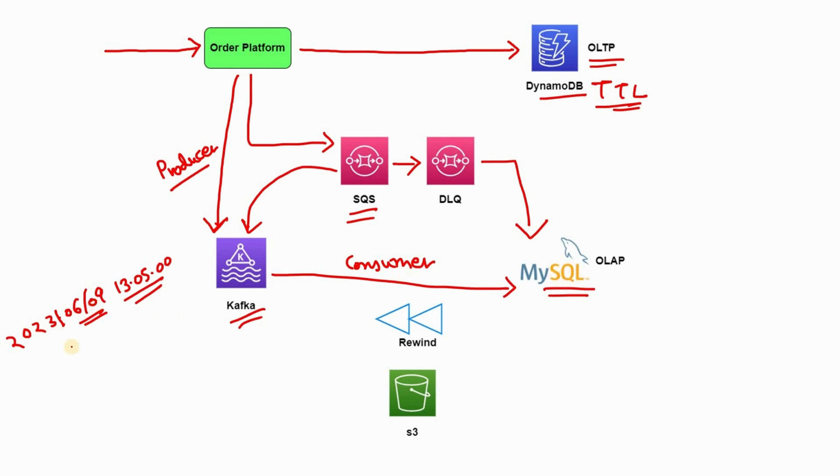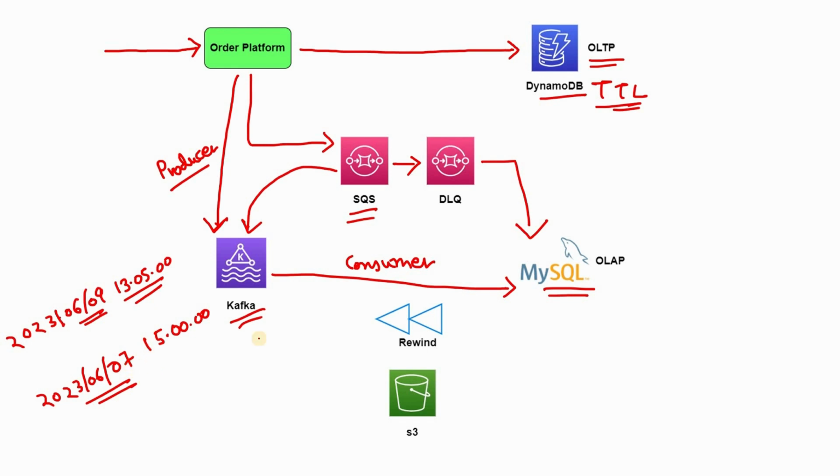Okay. But due to some reason, we might need to get the messages from 2023/06/07 3 PM. That is, from 7th June 3 PM onwards, whatever messages are there, we want to reconsume. Now the consumer has already consumed those messages and is currently running at 9th June, 1:05 PM.